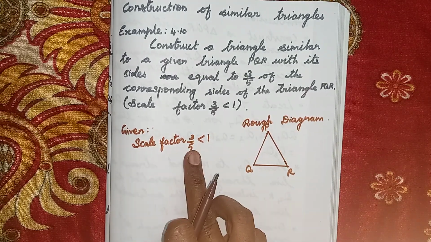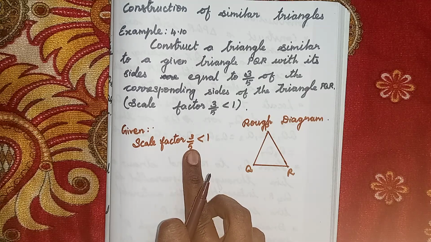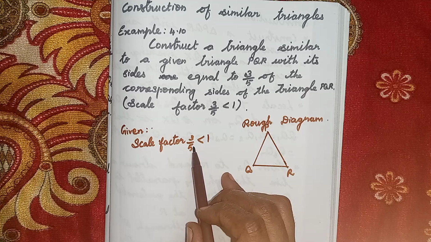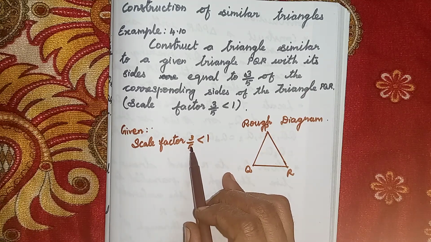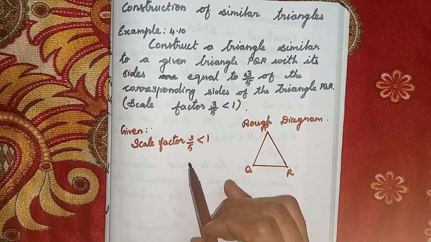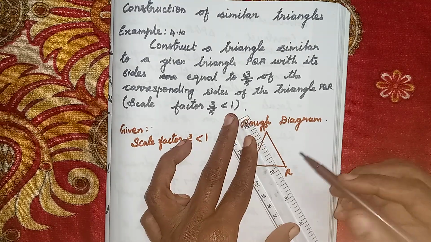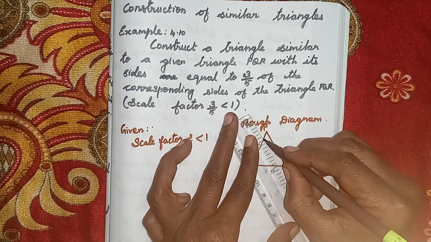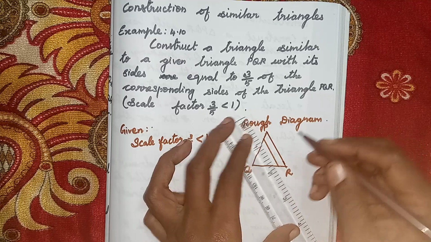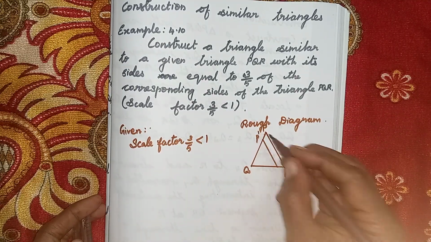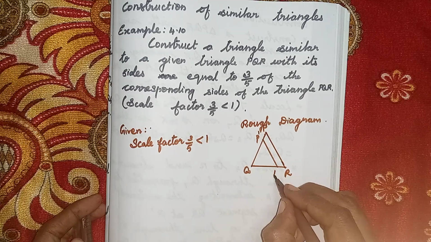Now, you have to see the scale factor 3 by 5. Here, the denominator is greater than the numerator. If the denominator is greater than the numerator, it means inside of this triangle, we have to draw another triangle P dash Q R dash.